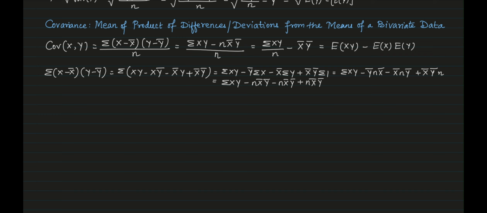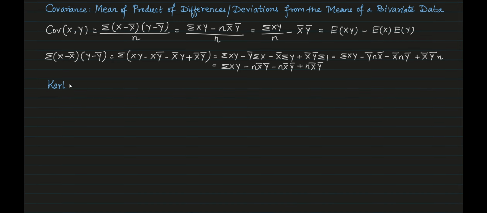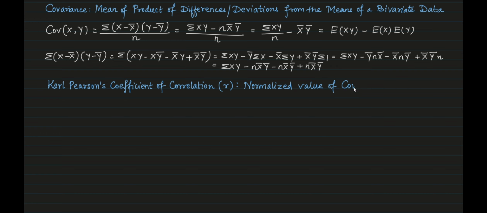Next, we move into Karl Pearson's coefficient of correlation, or simply coefficient of correlation, denoted by small r, which is the normalized value of covariance. When I say normalized value of covariance, I simply divide covariance by the respective standard deviations.